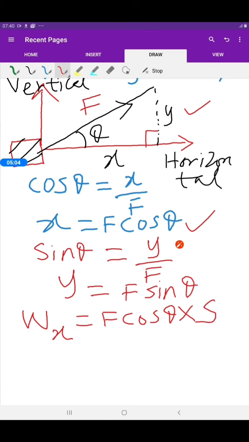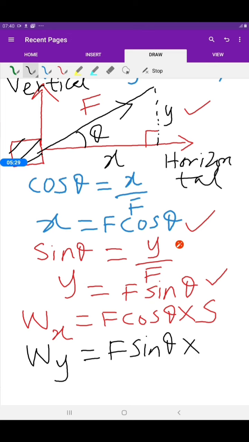We can equally calculate the work done along the vertical direction, and that becomes what? Also force times distance, and because we have already calculated the force for that, it becomes F sine theta times distance. So we are going to stop there for the formulas for work done.